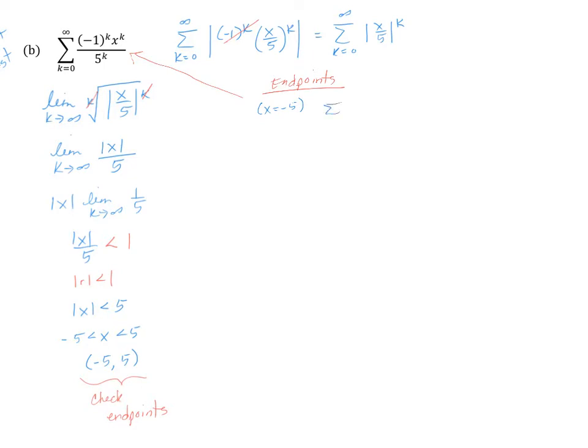So I will have the sum from k equals 0 to infinity of (-1)^k (-5)^k over 5^k. Notice if I were to simplify that, the (-1)^k times (-5)^k, I can multiply that to get 5^k. So this is 5^k over 5^k.